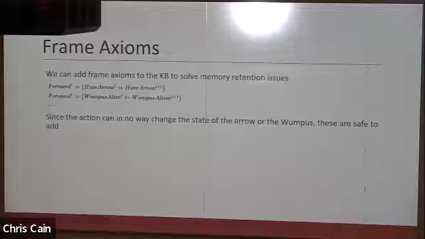So anytime you have an effect that the cause can't have, so if we move forward, the effect that the wumpus is now dead is impossible, we can encode that in the knowledge base, and now the knowledge base has memory that is based on just this logic, which is kind of interesting.